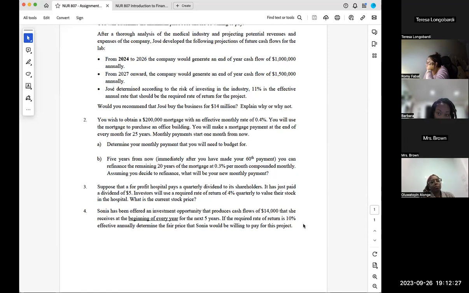And I show you how to do that. So there are 2 parts to part B. You have to find the remaining balance, and then you have to repeat what you did in A to find the new payment with the new interest rate because you're refinancing. So part B has like 2 parts to it.